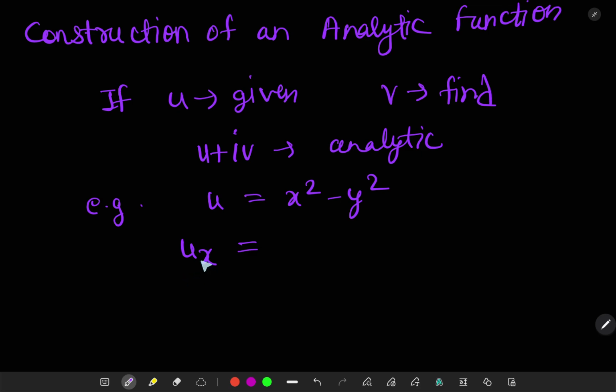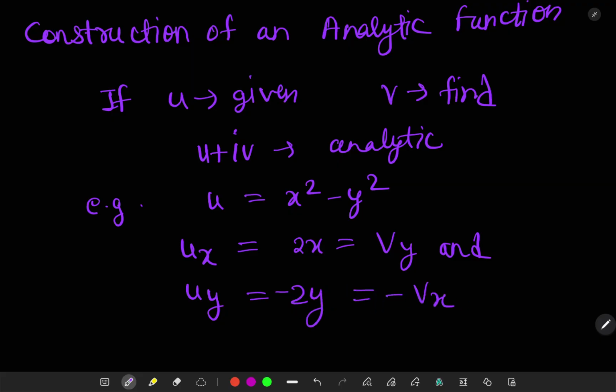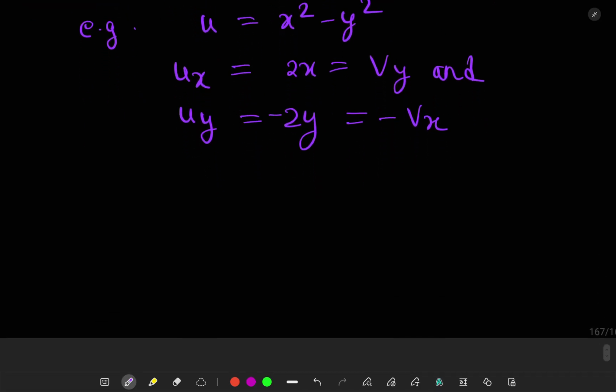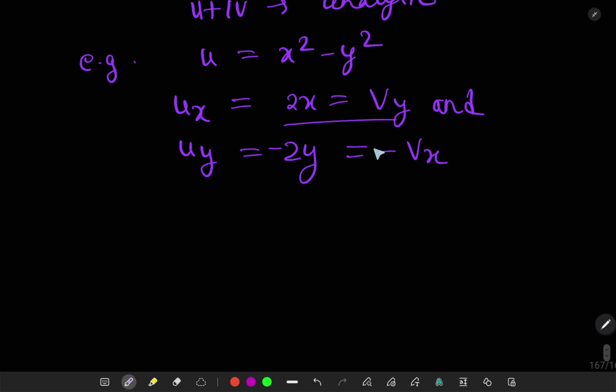First we find partial differentiation of u with respect to x, which will equal partial differentiation of v with respect to y, and similarly for uy, minus 2y, which is equal to minus of vx, partial differentiation of v with respect to x, and then integrate this value, we get the value of v.